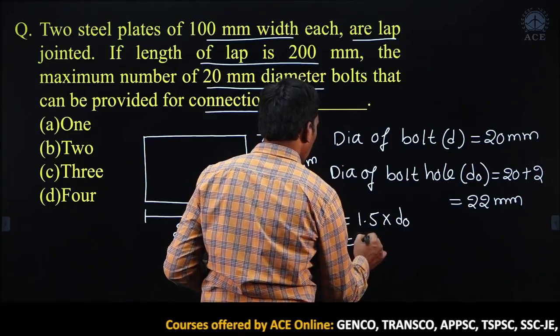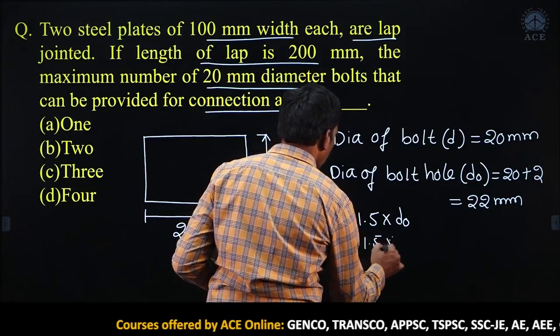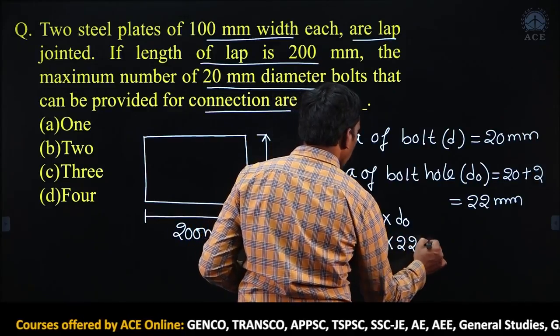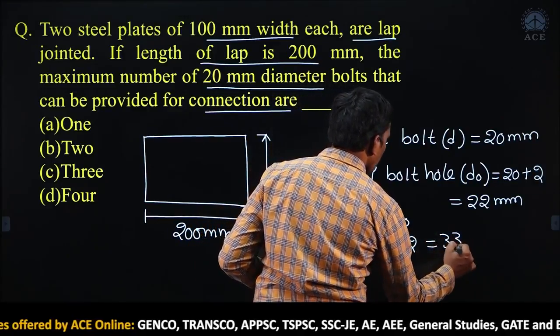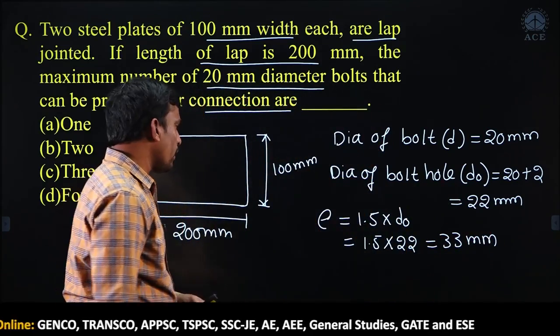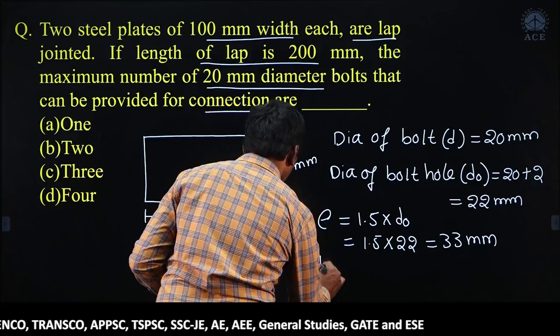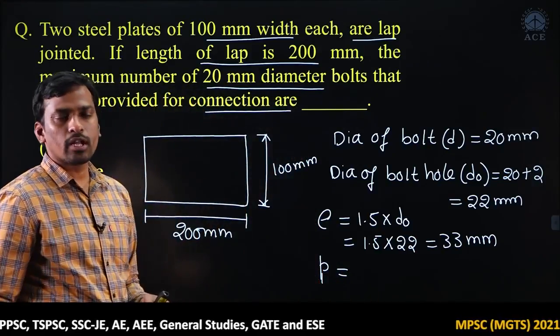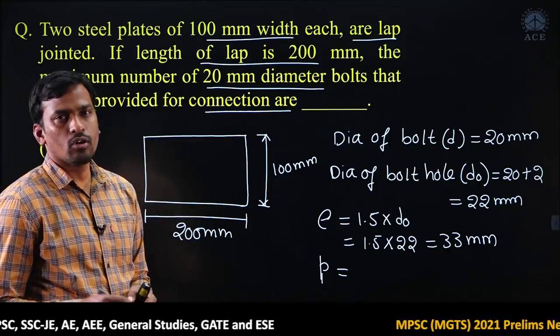So, here 1.5 into the D naught value given, 22, then this is 33 mm. Okay. Then similarly, we have to find the minimum pitch. What is the codal provision for minimum pitch?